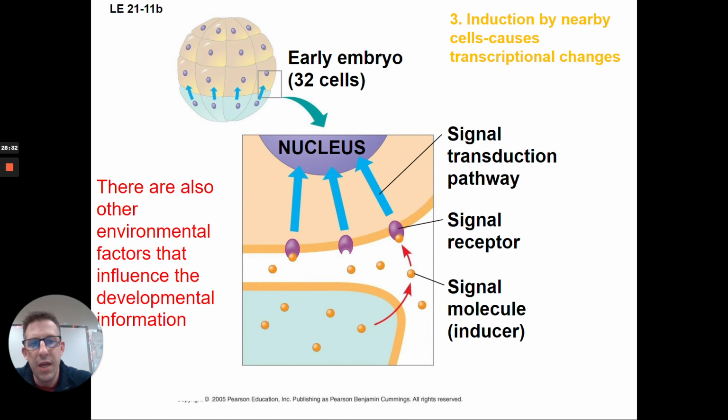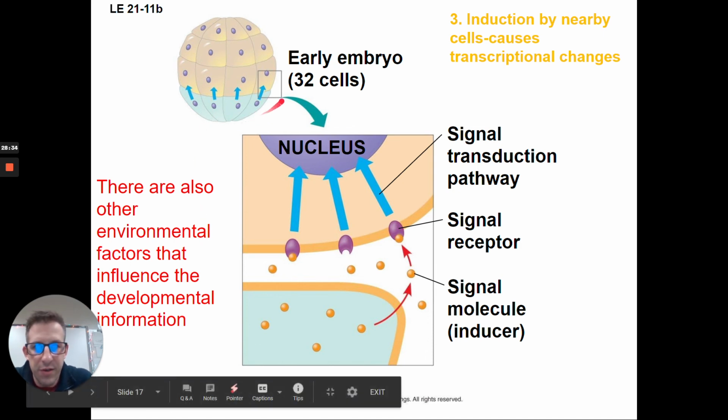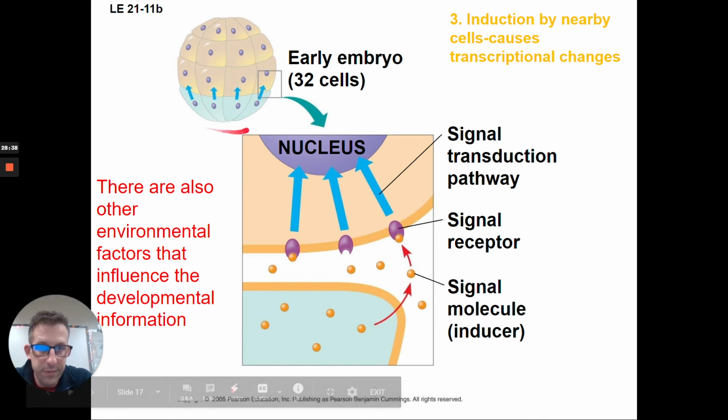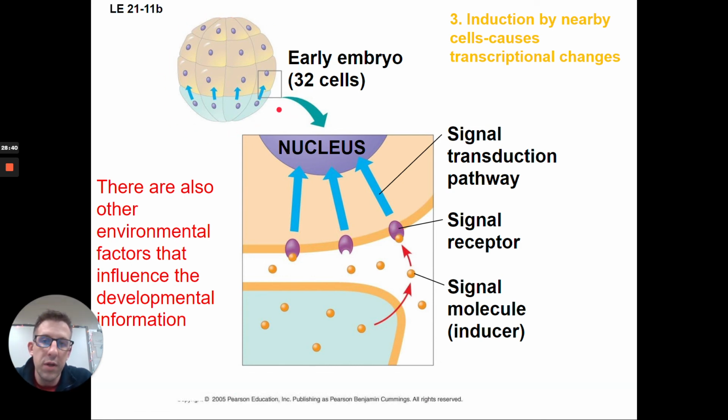And the example that's shown here is an early embryo that has 32 cells. And these cells down here that are shaded kind of light blue are undergoing some kind of change, okay? And as a result, they are creating some kind of chemical signal.